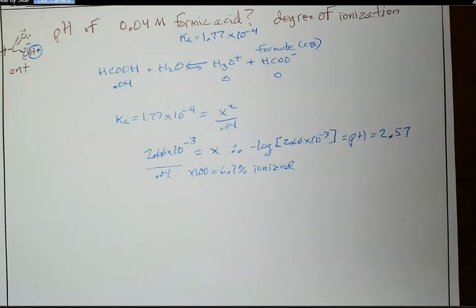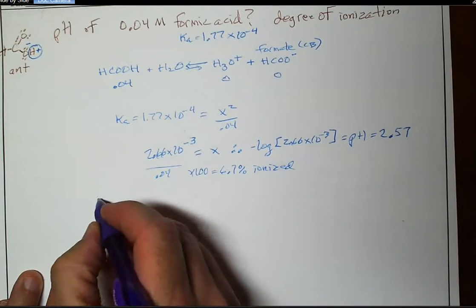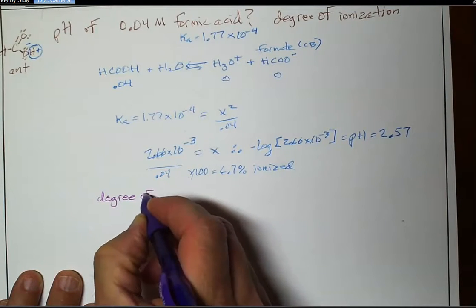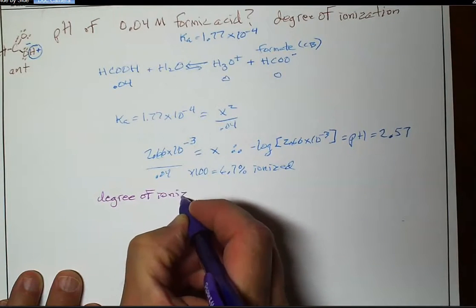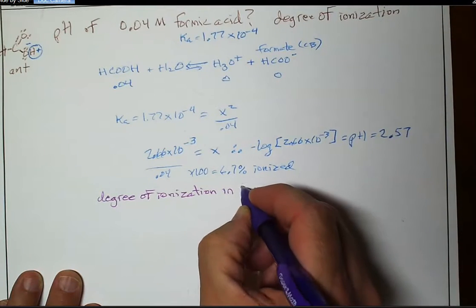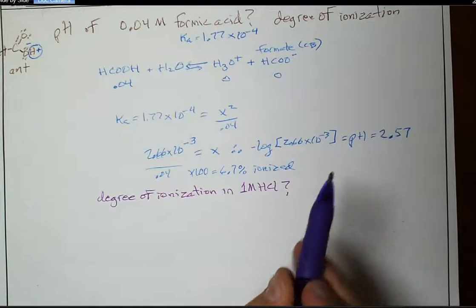Okay? What if we put that formic acid into hydrochloric acid? So what will the degree of ionization be for this same acid if it's dissolved in 1 molar hydrochloric acid?